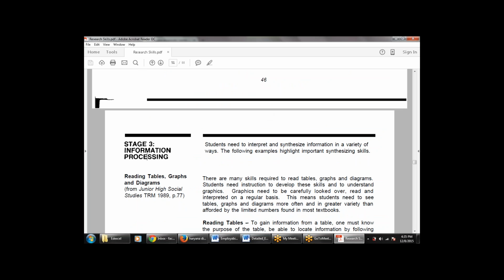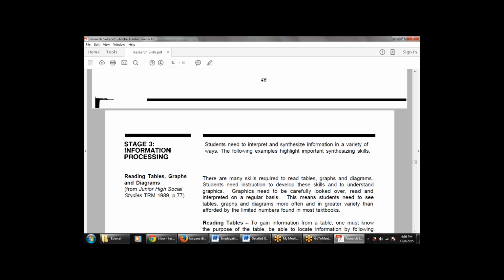There are many skills required to read the tables, graphs, and diagrams, and students need instruction to develop their skills and to understand the graphics. Graphics need to be carefully looked over, read, and interpreted on a regular basis. This means that the student needs to see the table, chart, and diagram.